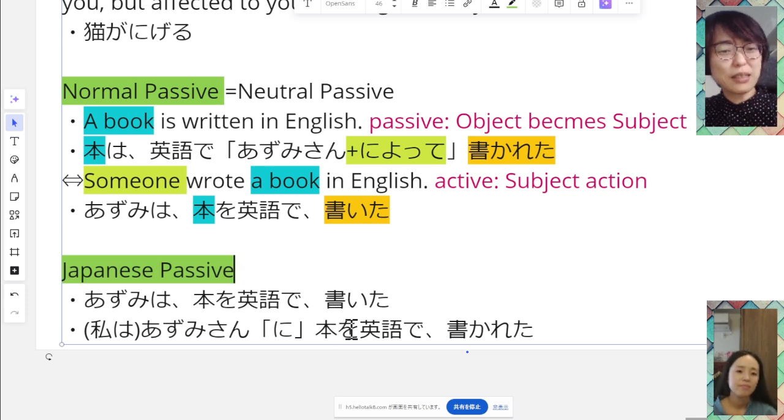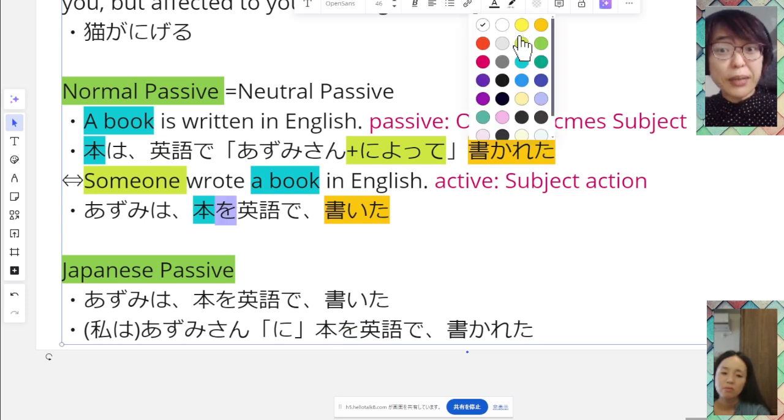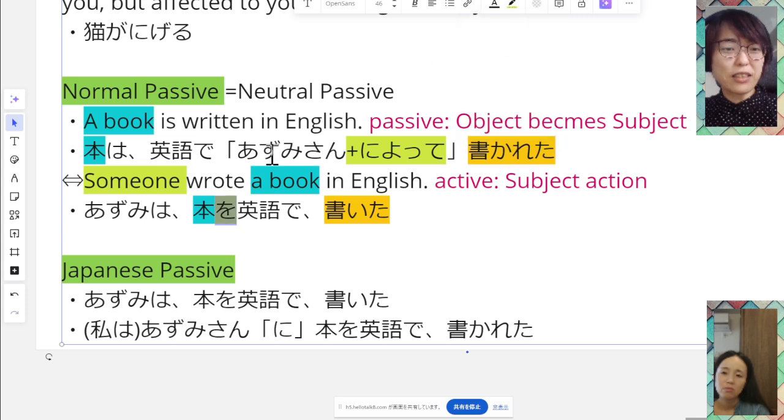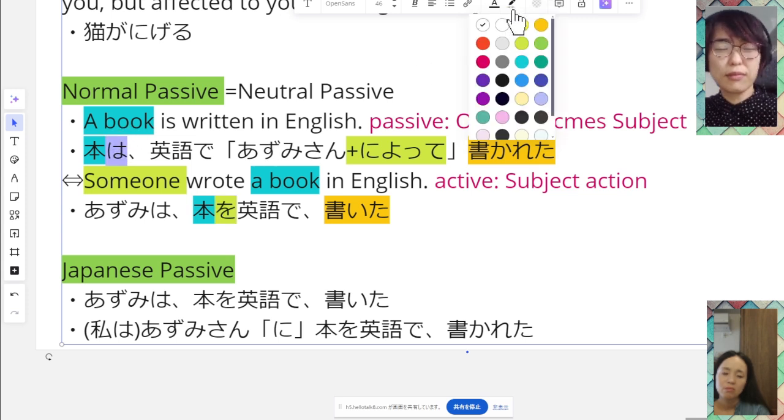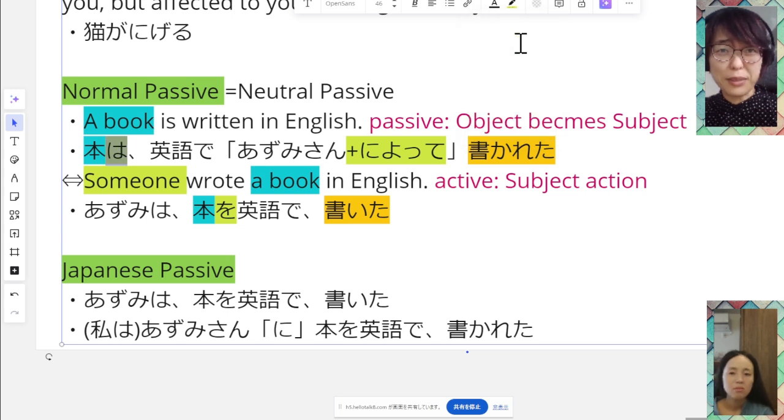So the particle is a little bit different, because normally the book becomes the center of the sentence, so the book becomes the subject. 本は書かれた。本は英語で書かれた。So Azumi is disappearing.